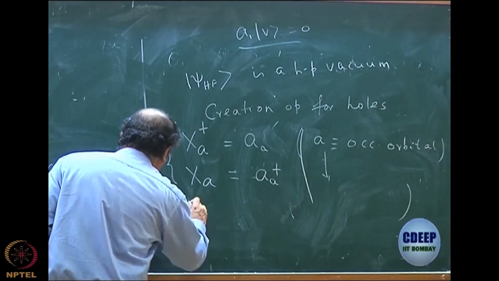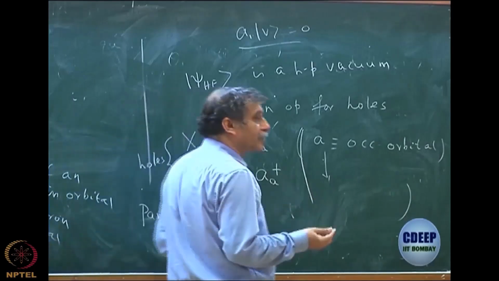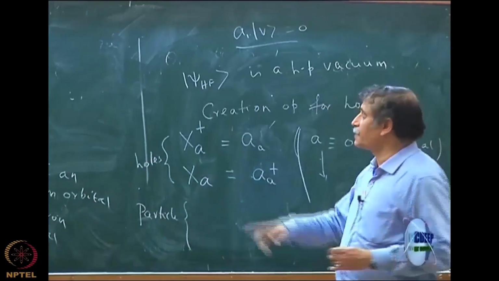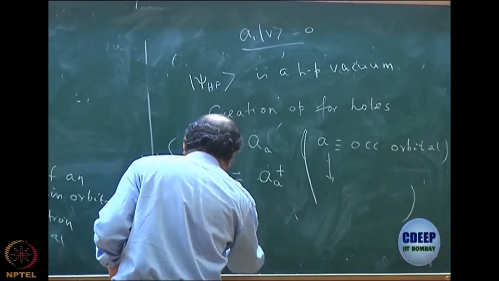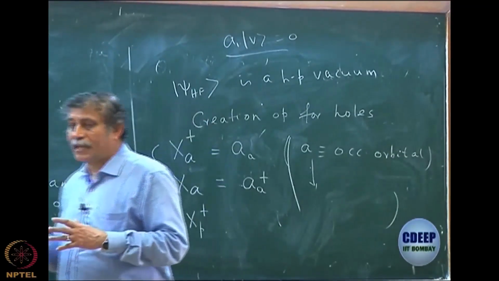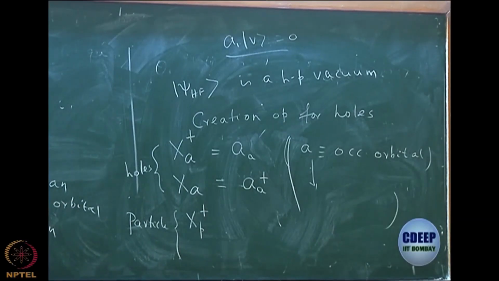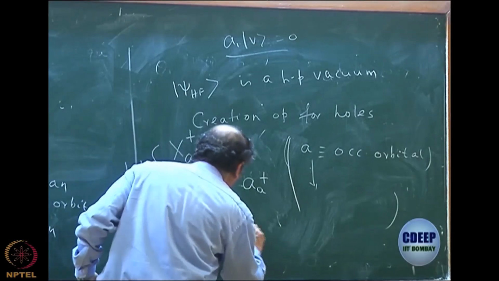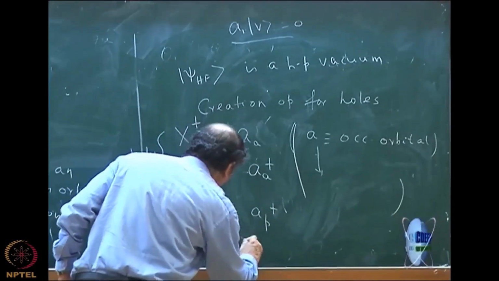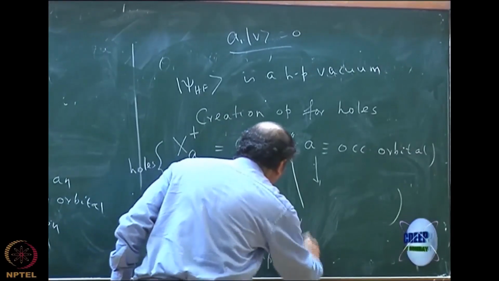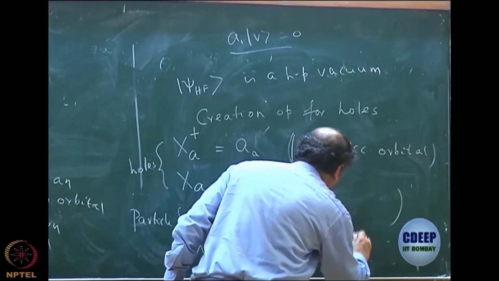So, for particles I am going to use virtual orbitals, because this is the presence of an electron in the virtual orbital. So, let me write this as X_P dagger. I am again using A, B, C, D for occupied orbitals, P, Q, R, S for the virtual orbitals. So, X_P dagger is nothing but A_P dagger, standard definition, and X_P is also equal to A_P, where P is now a virtual orbital.